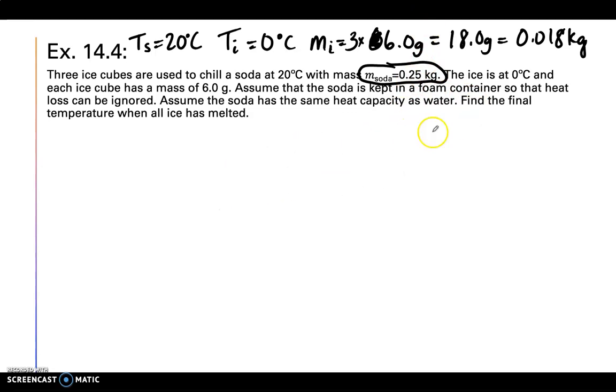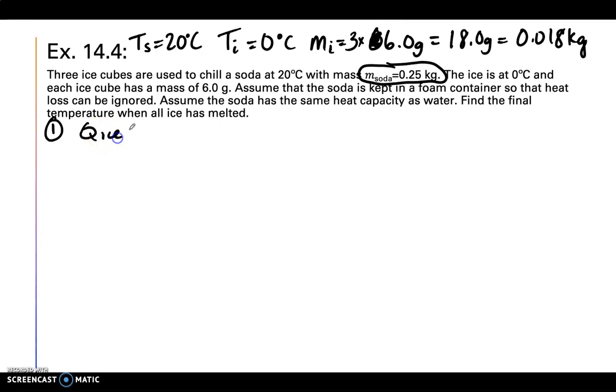Okay. And again, we're going to be doing something very similar to last time, but now we need to look at the heat when we have our phase change of the ice. Okay, so again, we say that at equilibrium, we will have this be true.